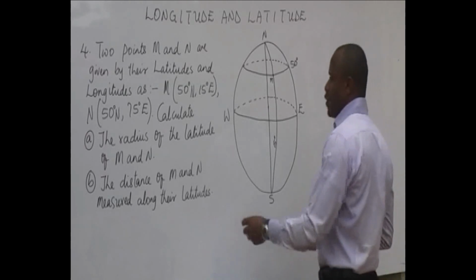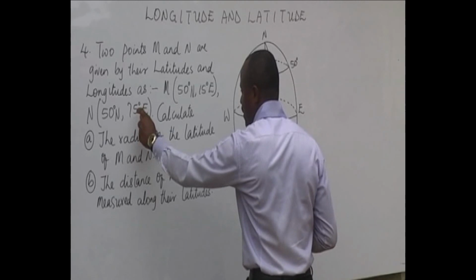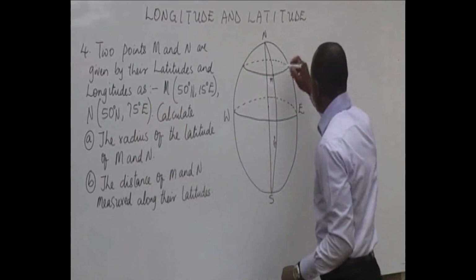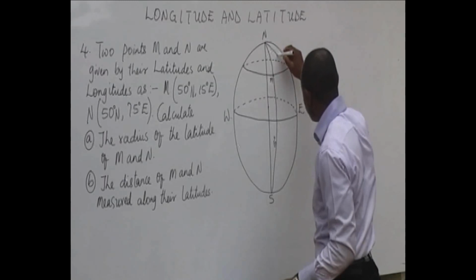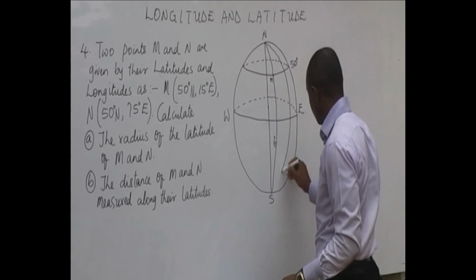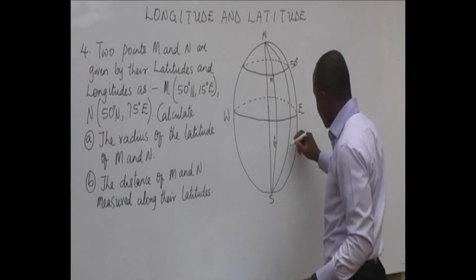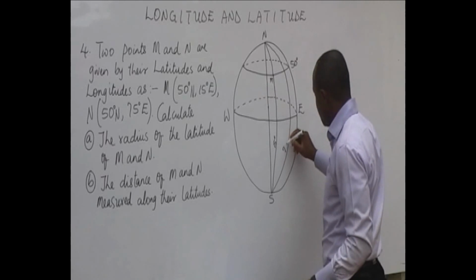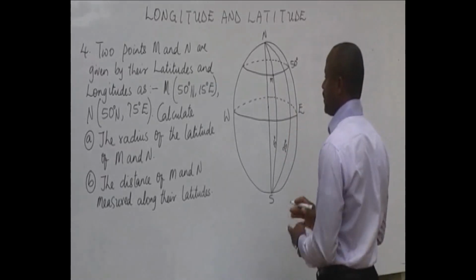Okay. So 50 degrees north, but 75 degrees east. So this next point N should be something like this. This place now is 75 degrees, the same east.